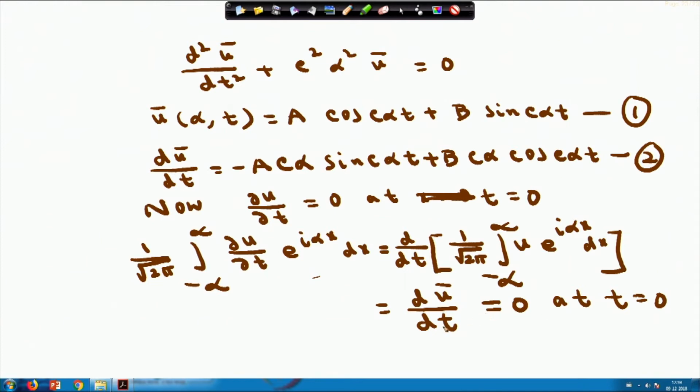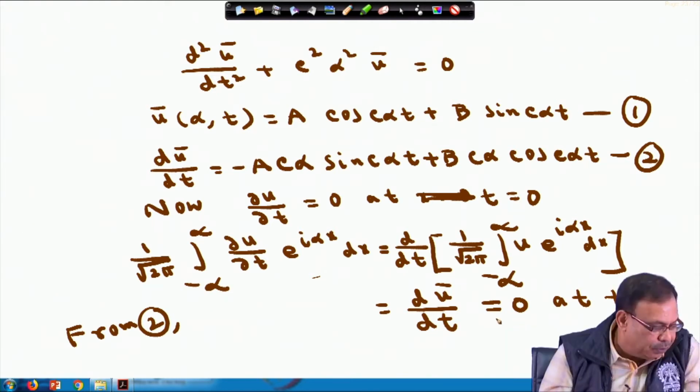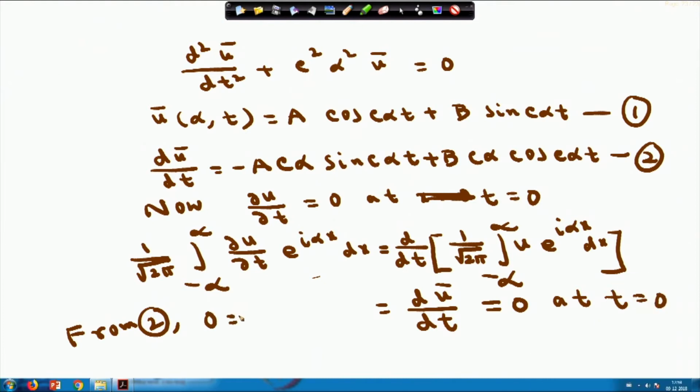So, once I am getting dū/dt equals 0 at t equals 0, if you substitute this in 2, you will obtain 0 equals, since t is 0, the sine term will vanish, so 0 equals b cα. Since cα cannot be 0, you obtain b equals 0.